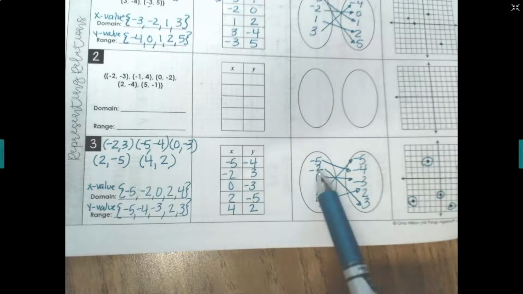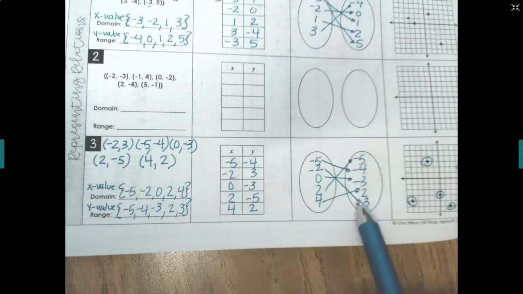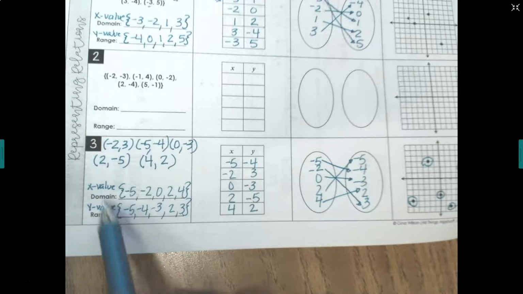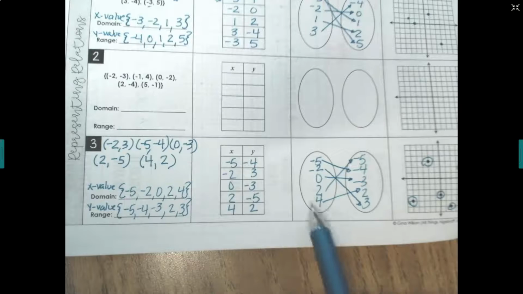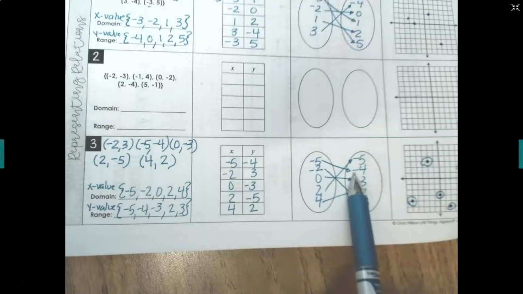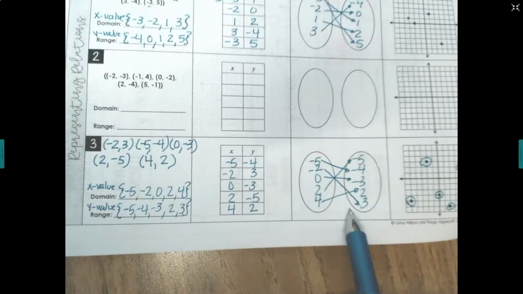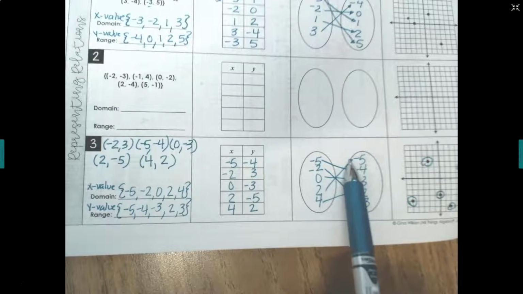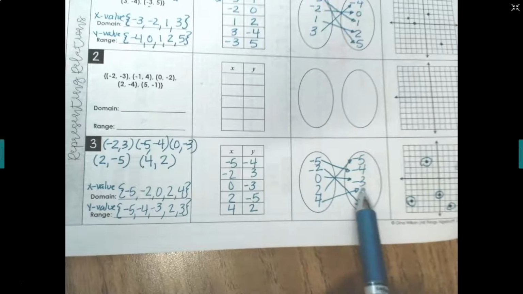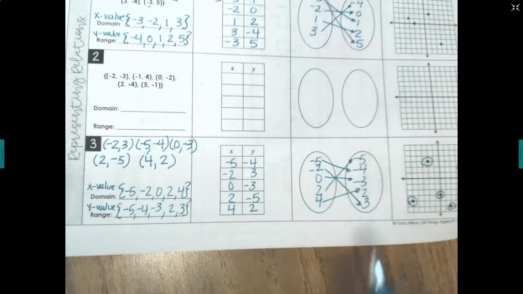For our mapping, you should have our domain and range written in the same order as it was written over here originally. And then you're going to match -5 with -4, -2 with 3, 0 with -3, 2 with -5, and 4 with 2. All right, so hopefully that's a concept that you remember.